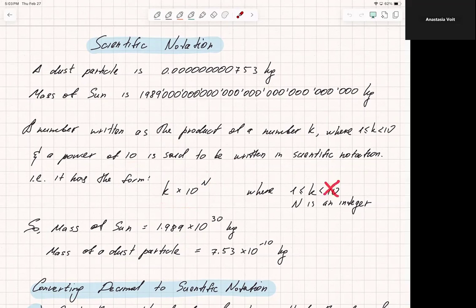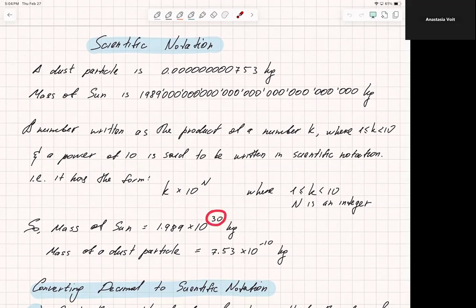It does not include 10. So this symbol right here, less than or equal to, means that we are including 1. And this symbol right here, less than, means that we're not including 10. And this power can be any integer. It can be a positive integer, it can be a negative integer.